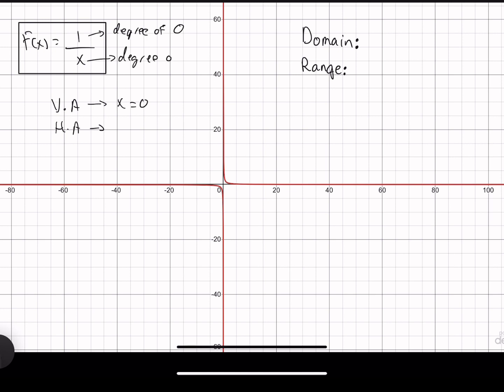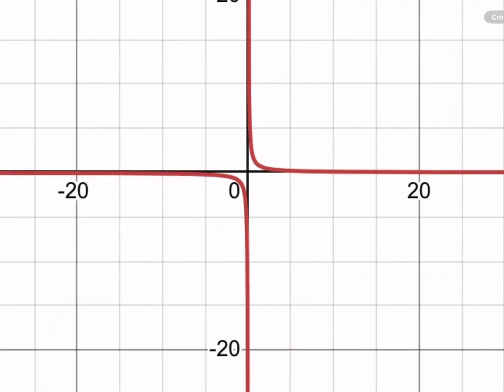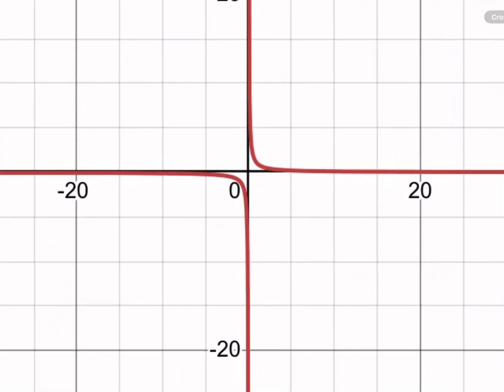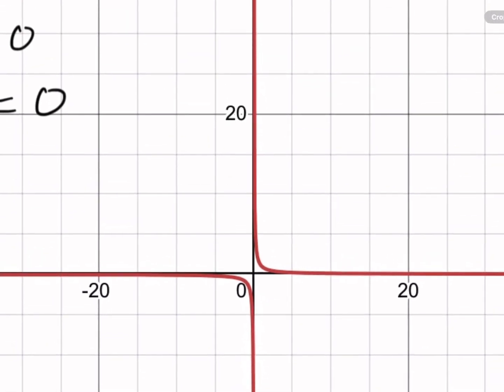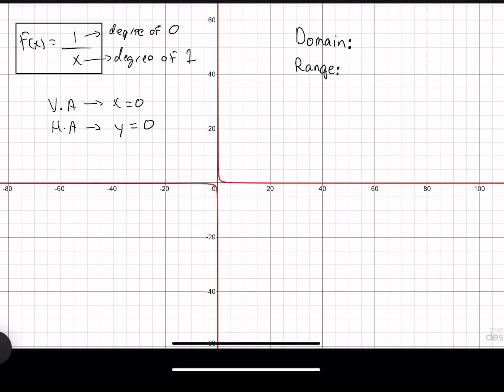Therefore, it falls into the category where the numerator is less than the denominator. So that means it'll have a horizontal asymptote of y equals 0. Now when we graph it in here, we see that the values approach 0, both horizontally and vertically, but never actually hit it. They almost go side by side, but this has to do with the thickness of the red line and not the fact that they actually make contact with the asymptotes.